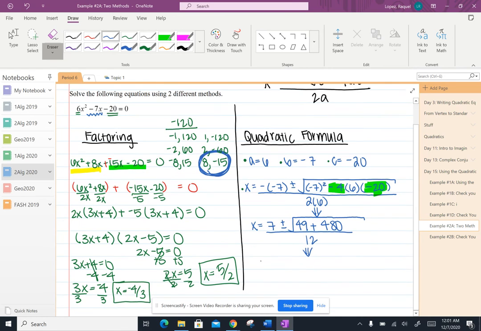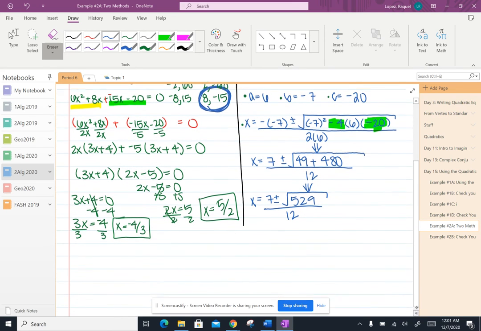Okay, let's simplify even more. x equals 7 plus or minus the square root of 49 plus 480. So now I end up with 529 all over 12. Let's simplify even more.